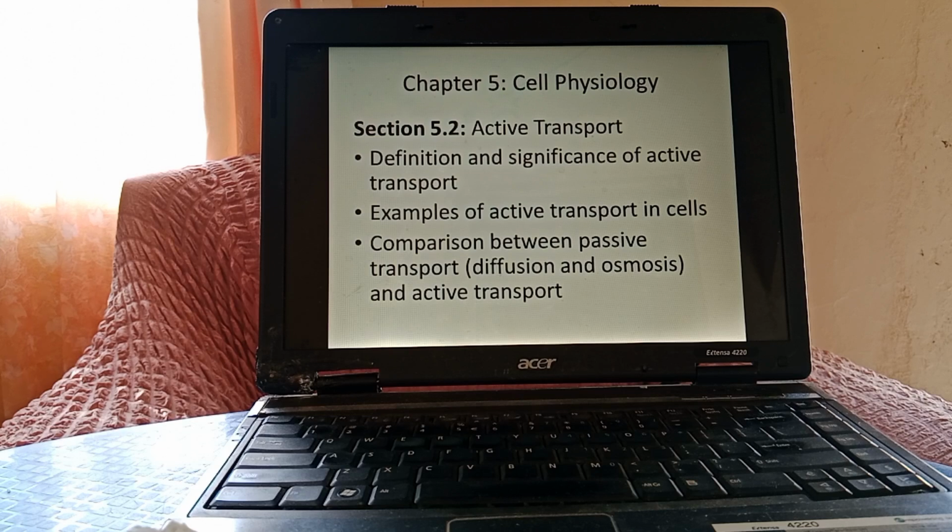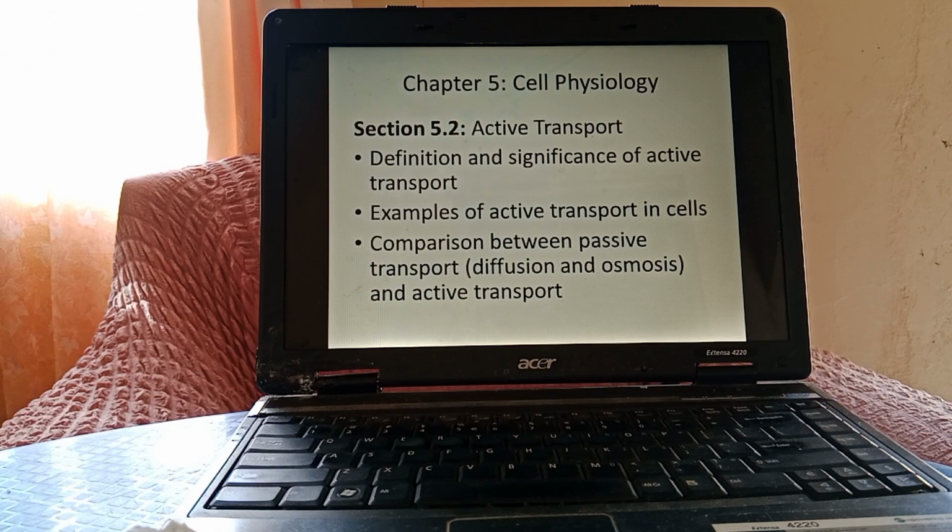Section 5.2 is active transport, diffusion and the significance of active transport, examples of active transport in cells, and then you have comparison between passive transport, which is diffusion and osmosis, and active transport.